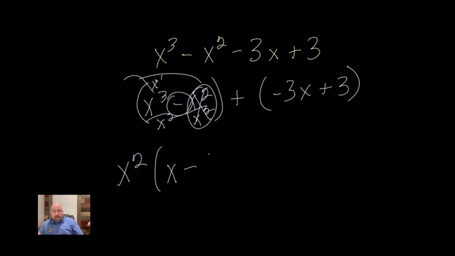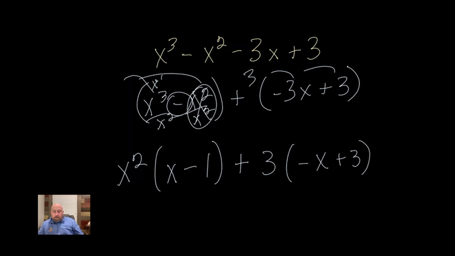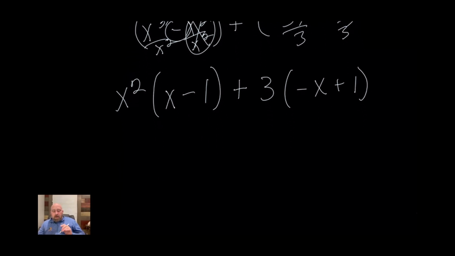When something cancels, it cancels to a 1, and then we get plus, and then what comes out of this is going to be a 3, and it's a positive 3, and so 3 comes out, and we're left with negative x plus 3, or excuse me, plus 1. There we go. How do we do that? We divide everything by 3, okay? Now, if you notice, this is why I said it gets a little tricky. This does not match this.